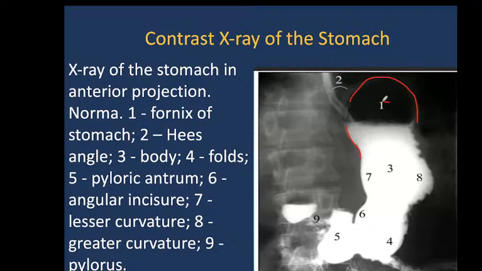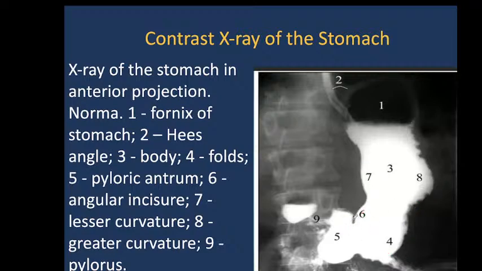Number 1 is the fornix, number 3 is the body, then we see the pyloric part, and also good visible the lesser curvature and greater curvature of the stomach.